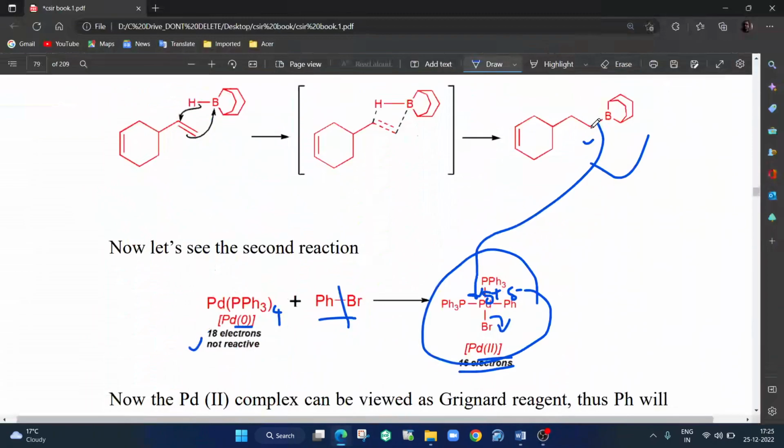But carbon does not have negative polarity. Something like if you have RLi, because lithium is electropositive, carbon has negative character, so it is very nucleophilic, the sigma bond is nucleophilic. But here it is attached to boron. Boron is not electropositive like lithium. So this cannot go and attack here.